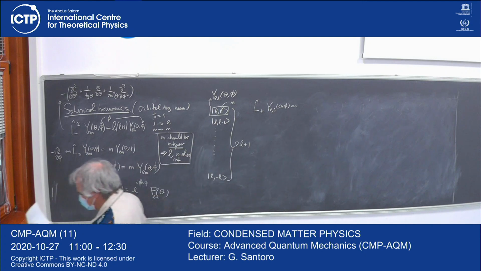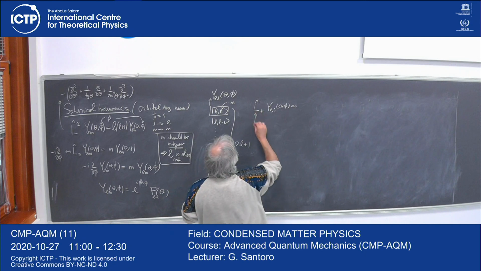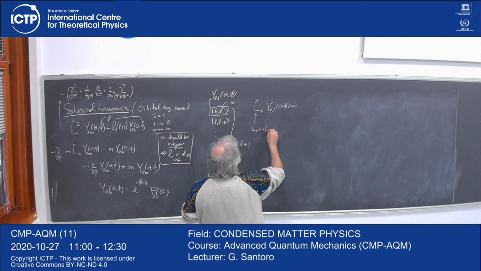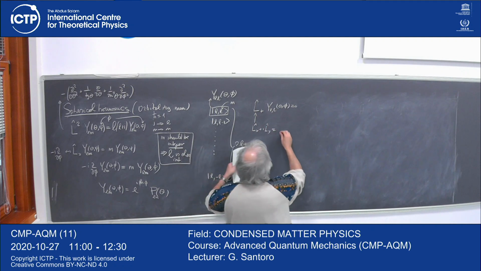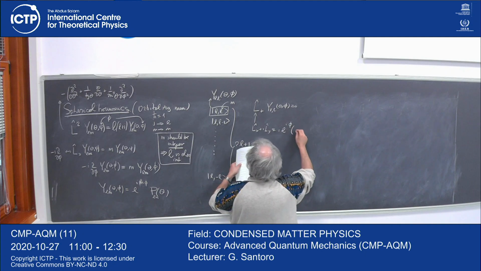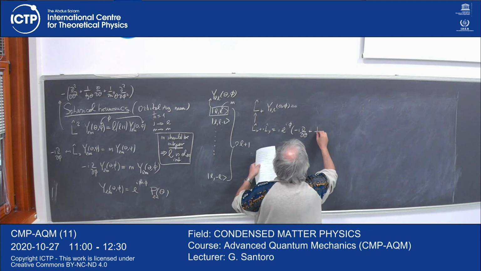I'll tell you what L plus is. L plus is Lx plus i Ly. You can calculate from the differential expressions we have that it is i e to the i phi times minus i the derivative with respect to theta, plus 1 over the tangent of theta times the derivative with respect to phi.